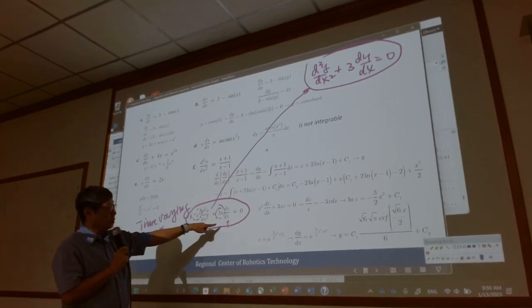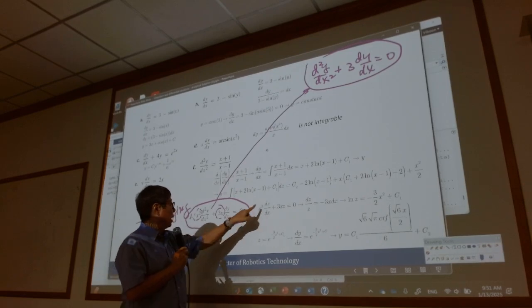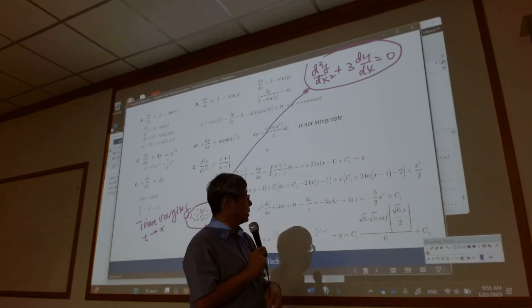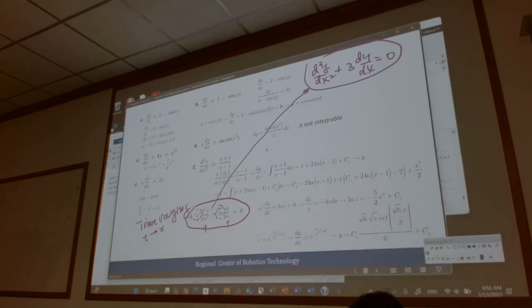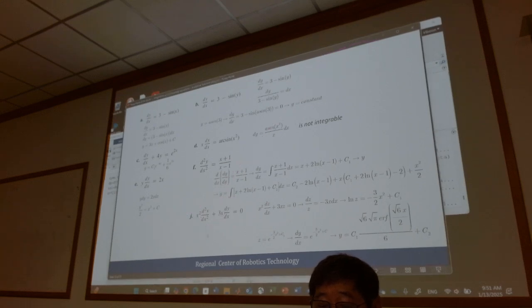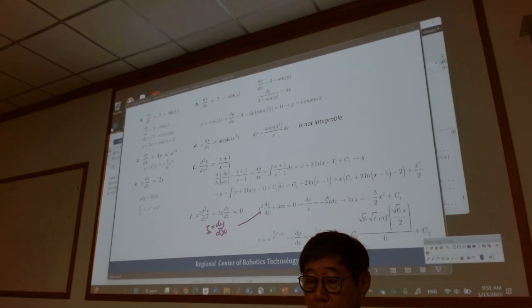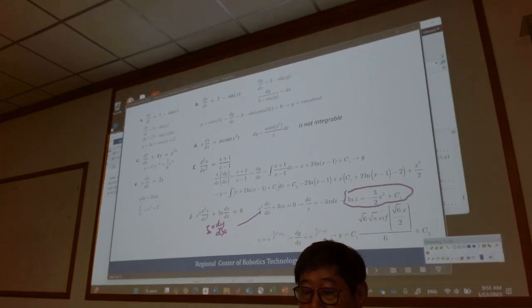So I show you how to do this one. I just put z equal to dy by dx. I assume that z equal to dy by dx, put this one in, and solve for z.